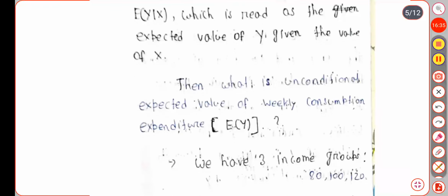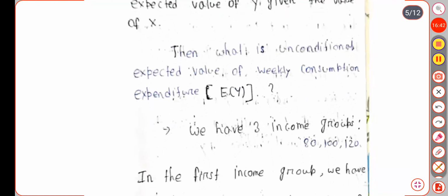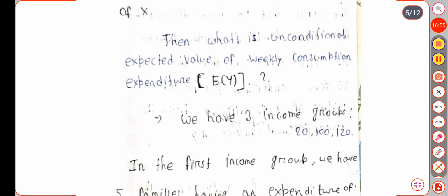Then what is the unconditional expected value of weekly consumption expenditure? Well, that is very easy. Unconditional expected value means you have to add the consumption expenditures of all 15 families and then divide by 15.